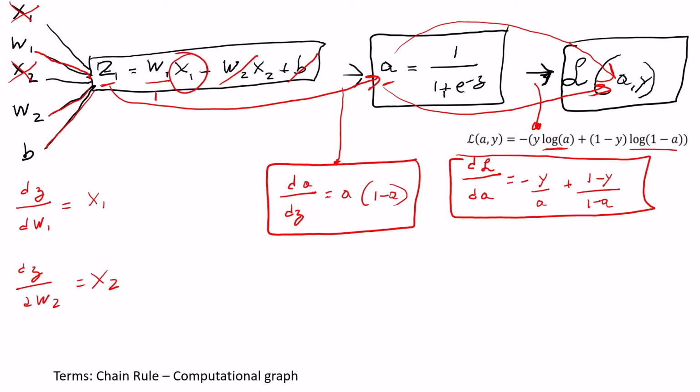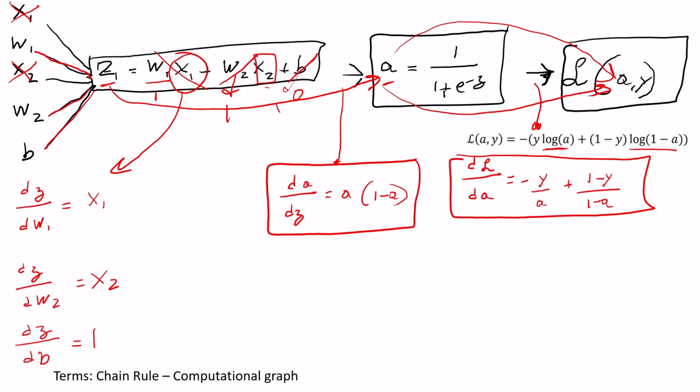So what remains is this value here. When we do it in relation to w2, all of this gets cancelled again, this goes down to 1, this remains, and this goes down to 0. And then the change of dz in relation to db will simply be 1, as b just goes down to 1, and everything else goes to 0.